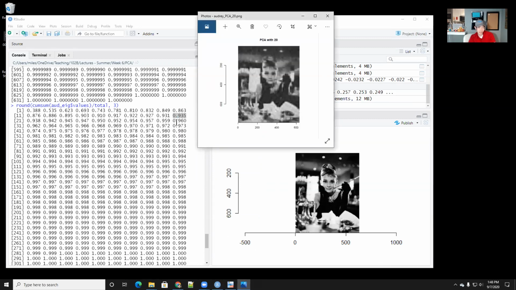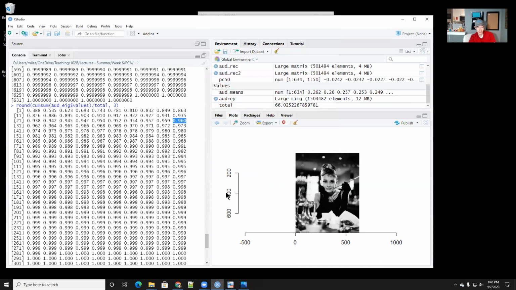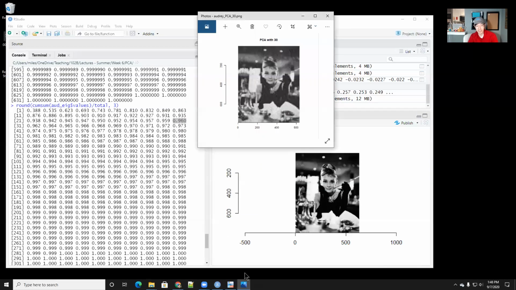At 30 principal components, this is 96% of the variation. You might say, 30 principal components, 96% of the variation, that sounds like a lot of variation. And this is kind of what it means to capture 96% of the variation.